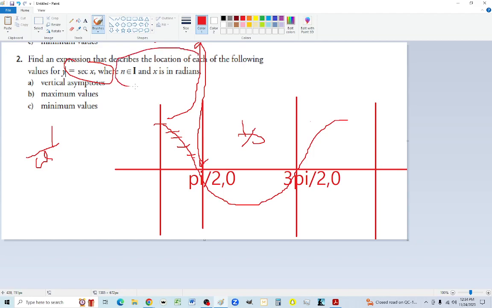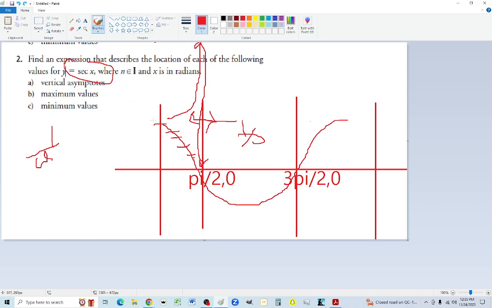If they mean n is an integer, that's difficult to say because almost every value of x is a fraction. But if we're just looking at where the maximums occur, they occur slightly to the left of the asymptote and slightly to the right of the asymptote, as close to the asymptote as you can get.